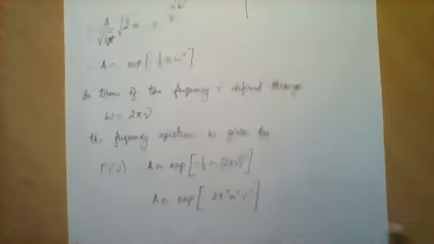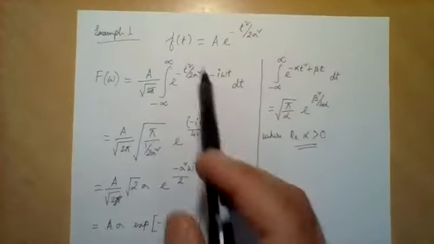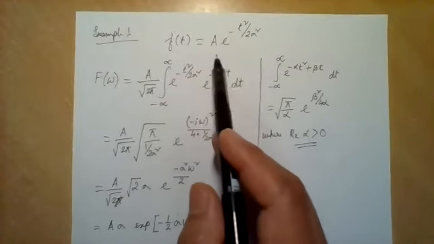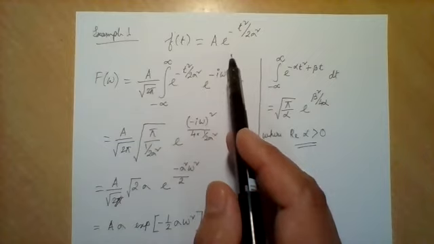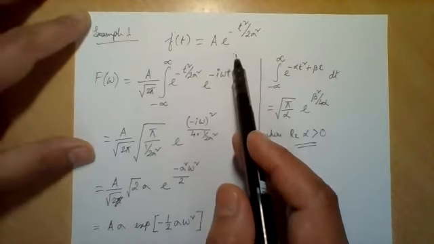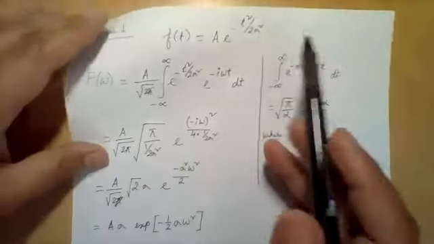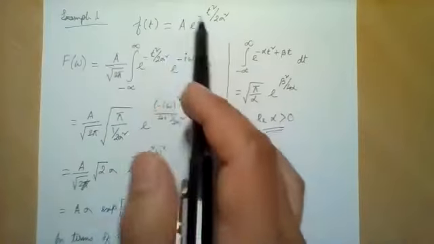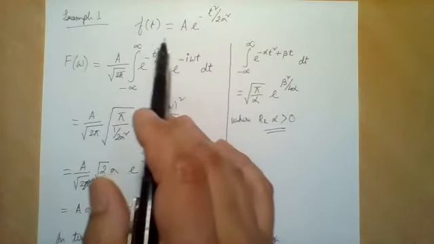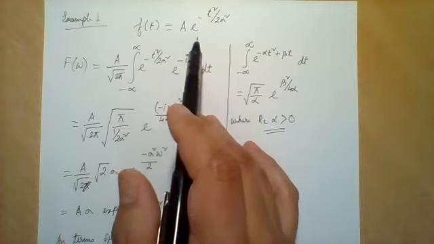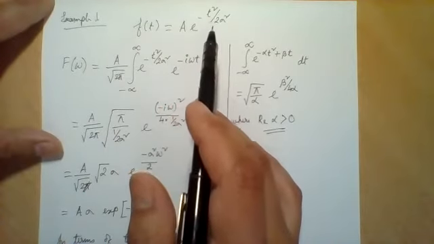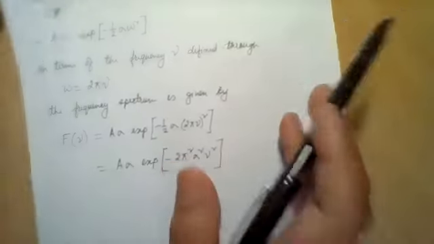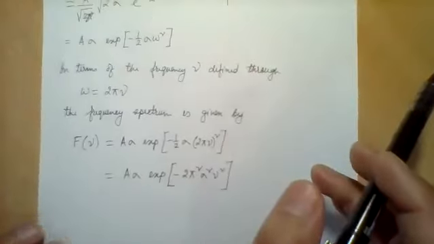So what is the meaning of this? The meaning is that if I have a Gaussian wave pulse given by this formula, then what are the frequencies present in this wave pulse, and how much of each frequency is present in that Gaussian wave pulse?